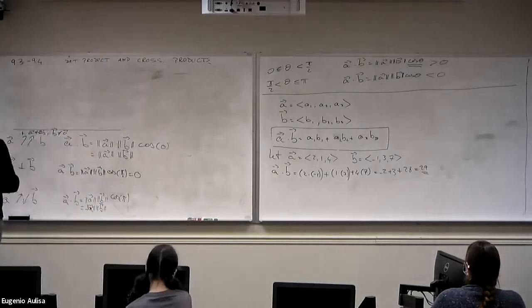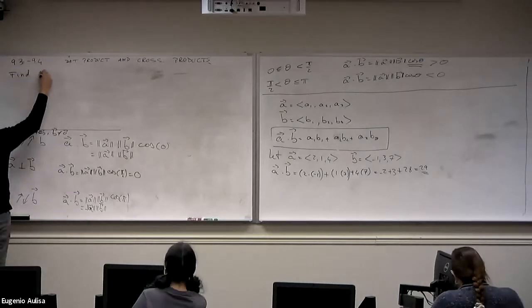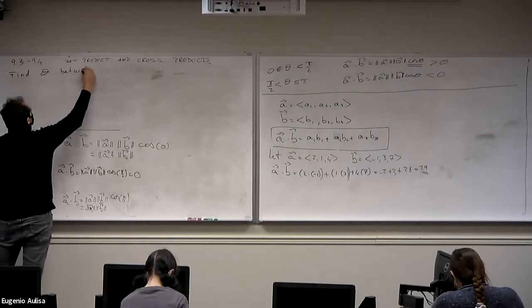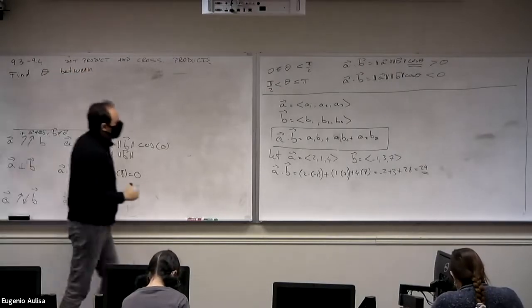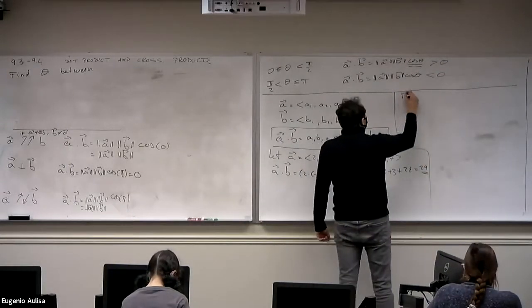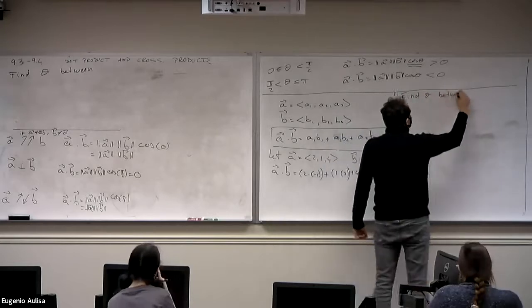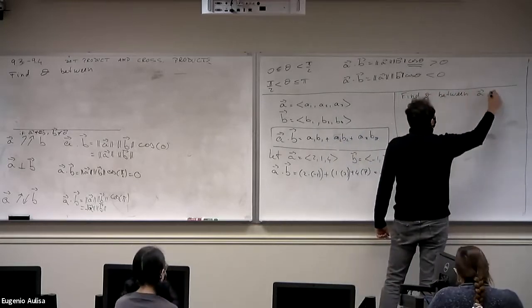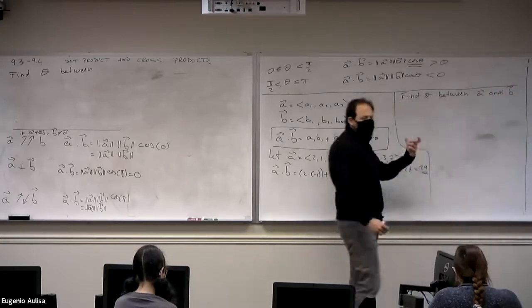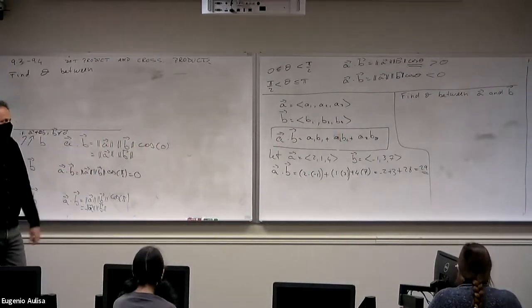Let's say find theta between A and B. Let me write it here so we still have space. Find theta between A and B. So we want to find the angle theta, the smallest angle between these two vectors.